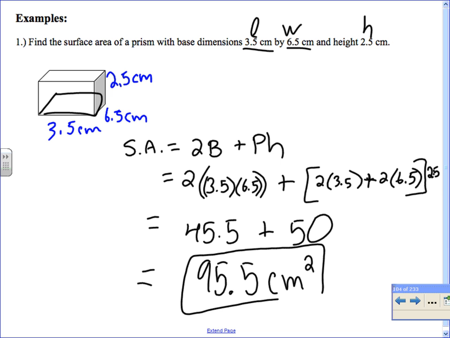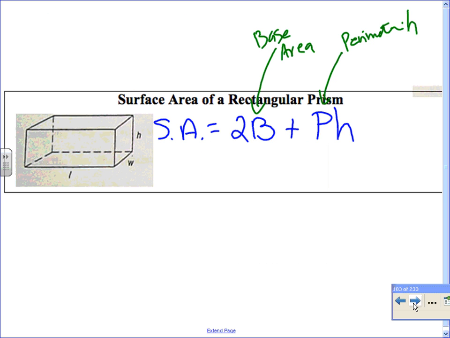Mary? You don't get any of this? Is that what you're telling me? Okay, so remember when I explained the formula? Surface area of a rectangular prism, 2B plus PH. 2 times the area of the base, plus the perimeter of the base times the height.